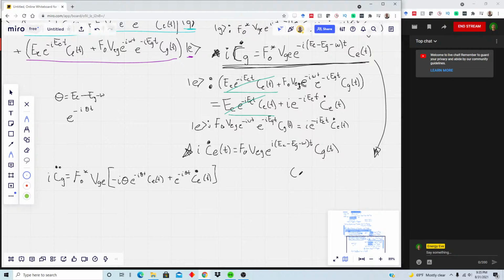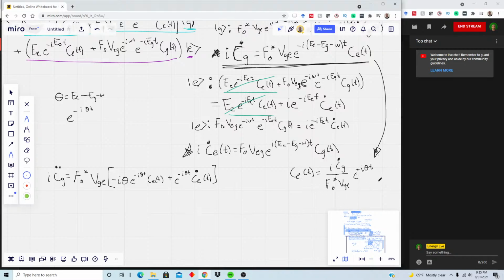We have CE as a function of t is equal to i CG dot divided by f omega GE, and then, because we're moving this to the other side, this becomes a plus now, i omega t.